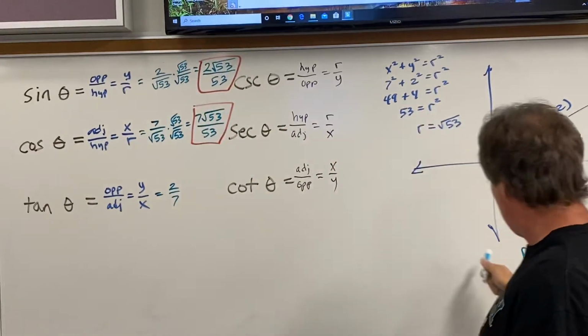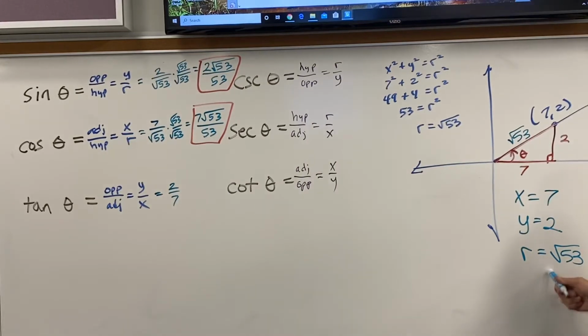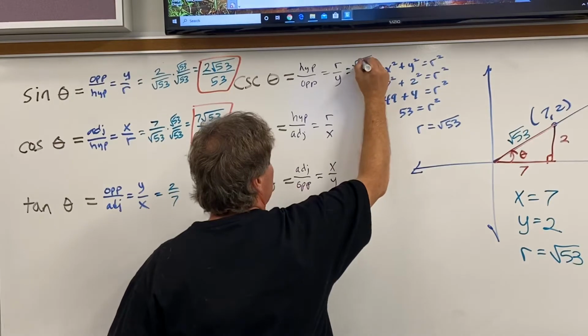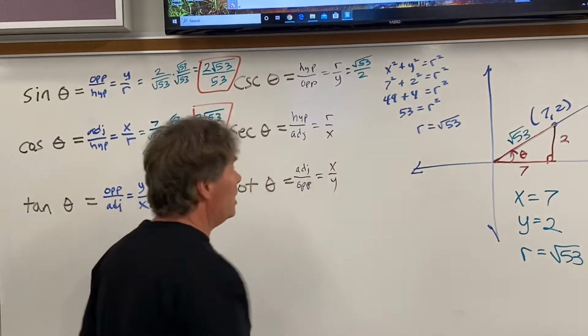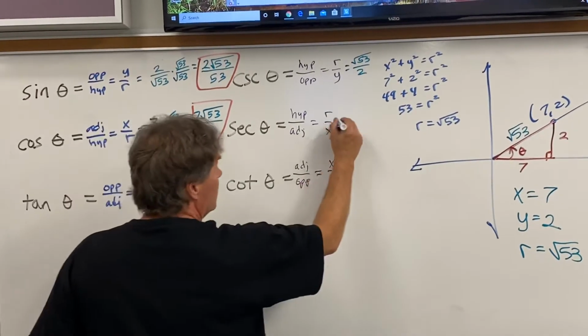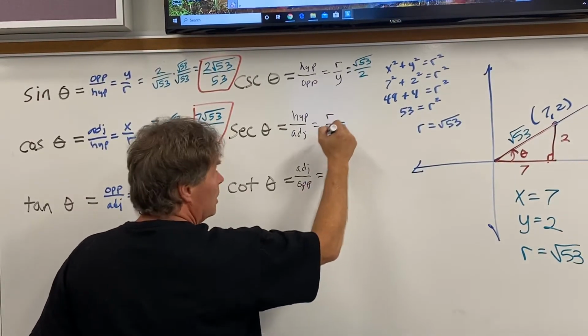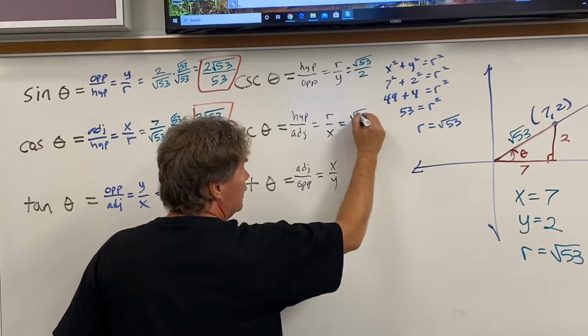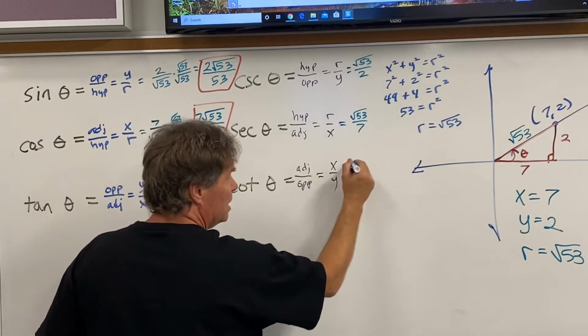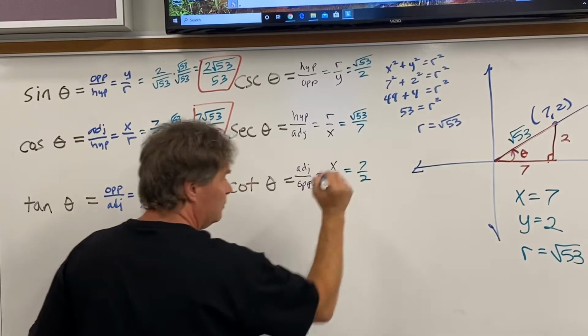Go like this: root 53 over y, which is 2. There's not a root in the denominator, so we can leave it like that. This is going to be root 53 over x, which is 7, so root 53 over 7. And then finally x over y is just going to be 7 over 2.